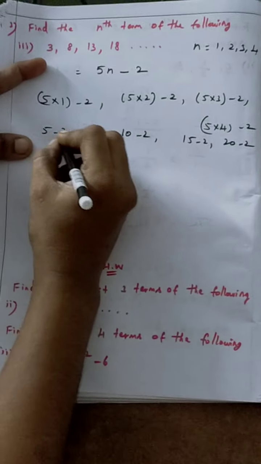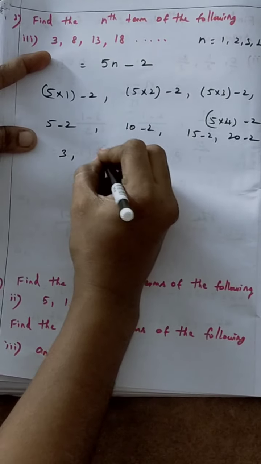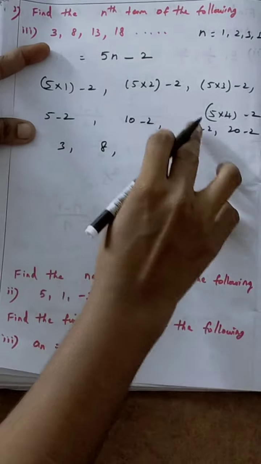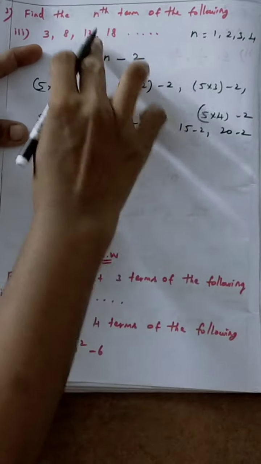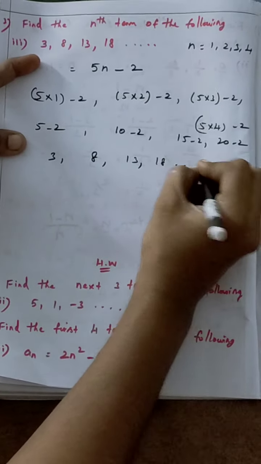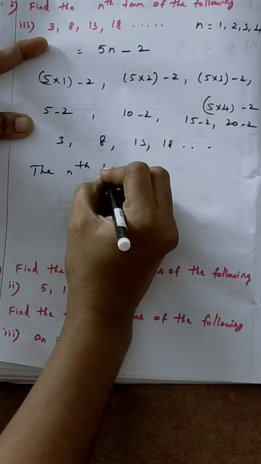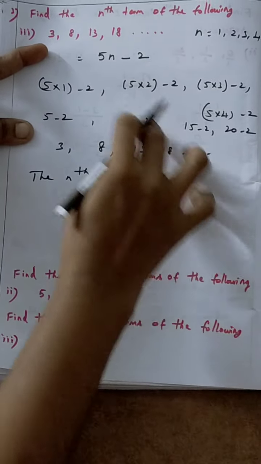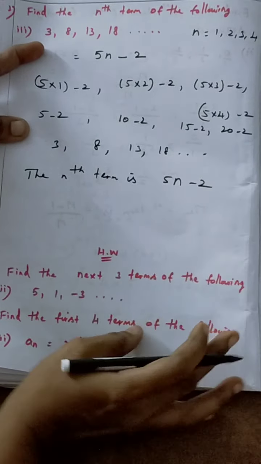See the term. 5 minus 2 is 3, the first term, answer correct. 10 minus 2 is 8, second term. 15 minus 2 is 13, third term, and then 20 minus 2 is 18, the fourth term. So the nth term is, what is the general form? It is 5n minus 2.